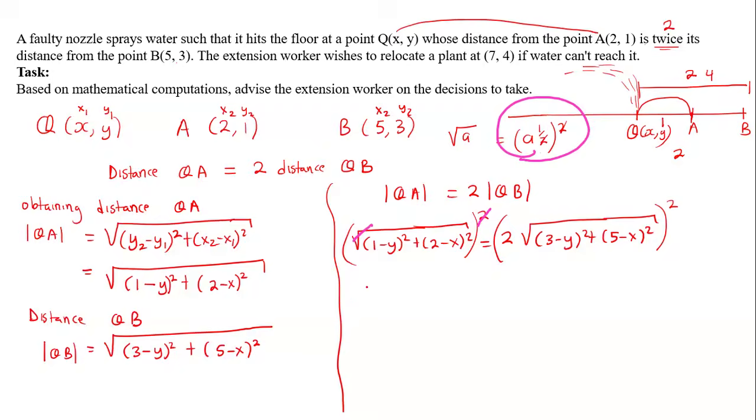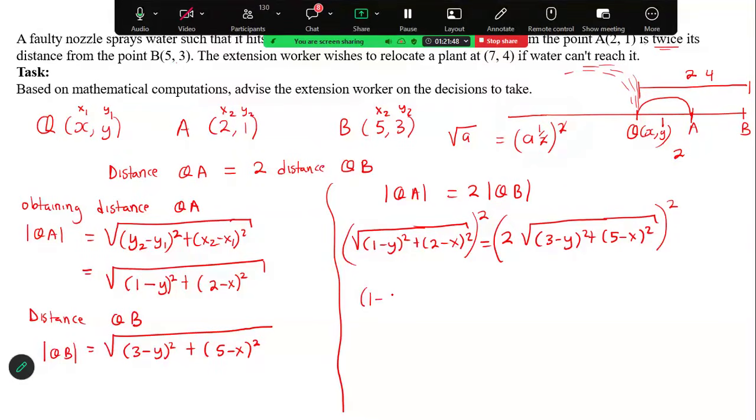So at this point, we shall remain with (1 minus y) squared plus (2 minus x) squared. This side, do not forget there is this 2. So here we shall remain with 4, and we shall have (3 minus y) squared plus (5 minus x) squared. But everything here is being multiplied by this 2 squared, which was out.